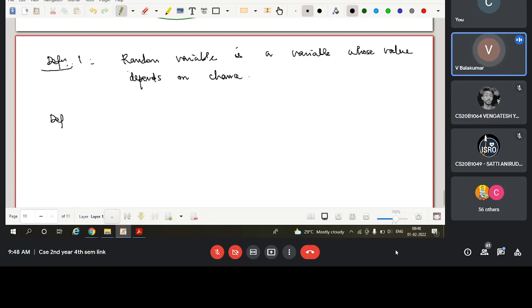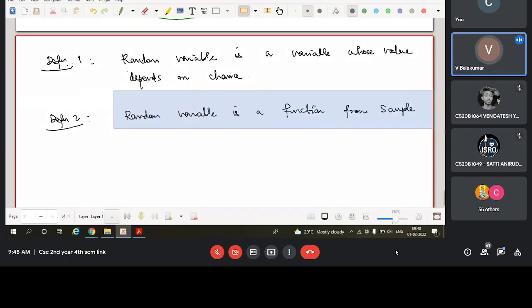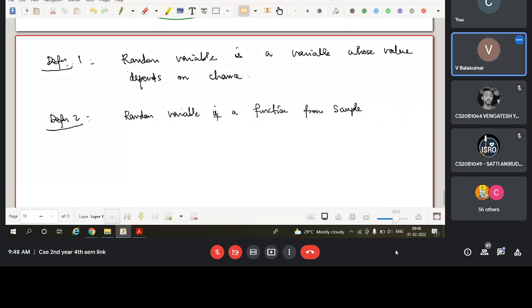Or in another way, a random variable is a function from the sample space to real numbers.